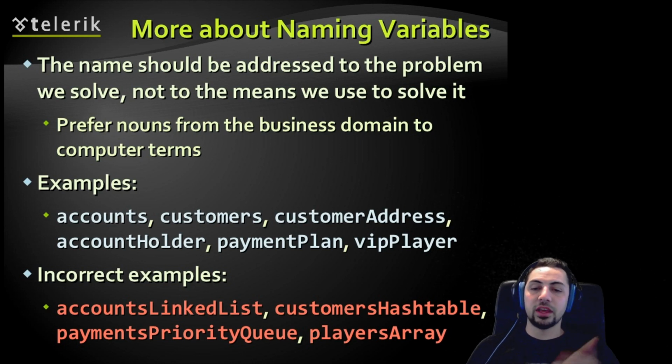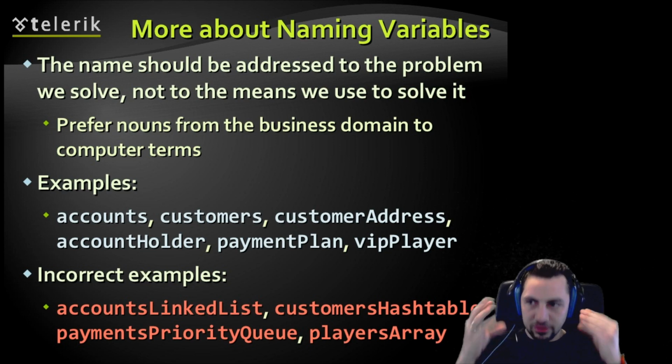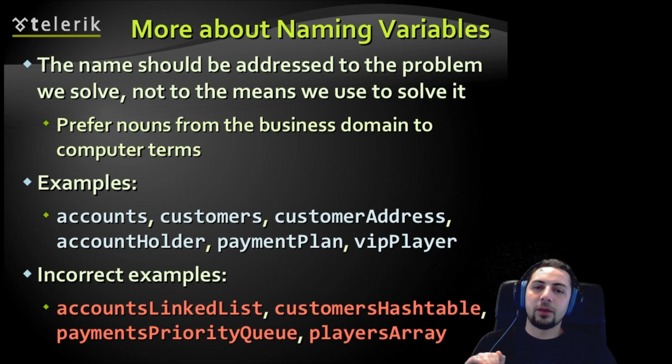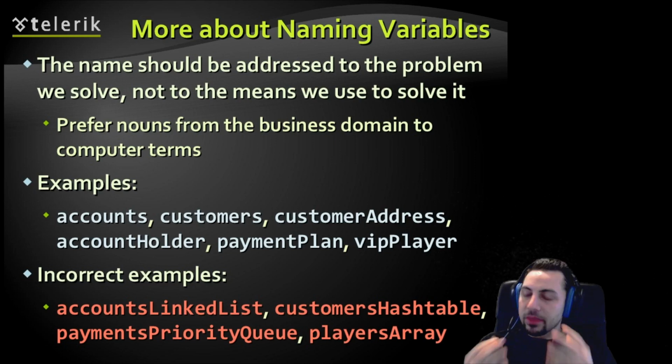So the note here is use terms and nouns from the business domain rather than from computer domains. Basically says take all that computer science knowledge that you have, all that computer engineering knowledge, and just put that in a little drawer when you're coming up with variable names. Okay, keep things as agnostic from the implementation details as possible.